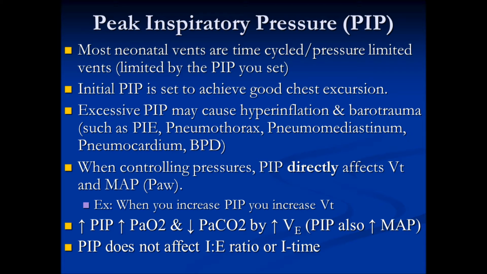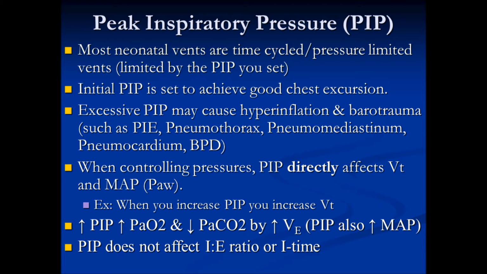So anytime you go up on the mean airway pressure, you are oxygenating better, and therefore the PaO2s will increase. So increasing your PIP will increase your PaO2 and will decrease your CO2. And the reason it decreases your CO2 is because it increases minute ventilation.